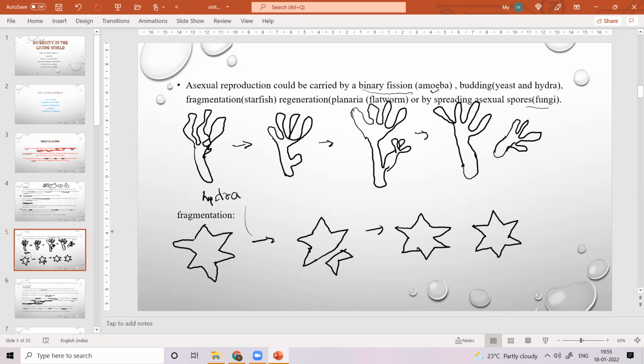In regeneration, whatever parts of the body are lost can be regenerated. We can find this character in the flatworm, planaria, or reproduction can occur by spreading millions of asexual spores, like what happens in fungi.